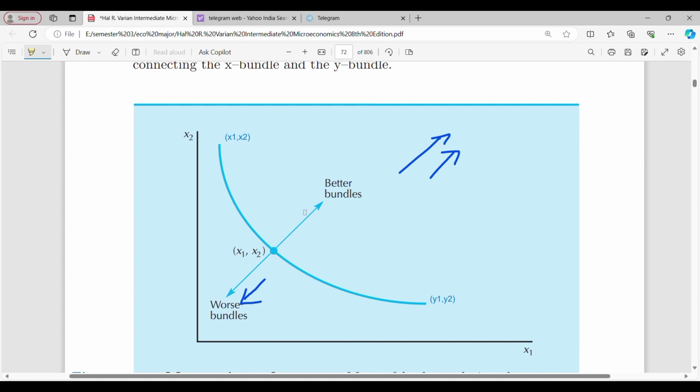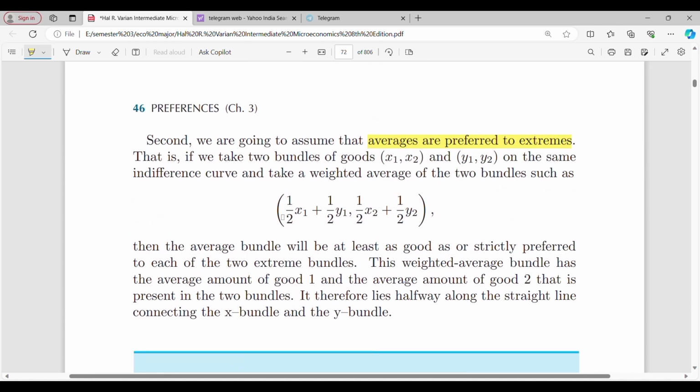Half X1, half X2 plus half Y1, comma half X2 plus half Y2. So this is the weighted average of the two bundles.